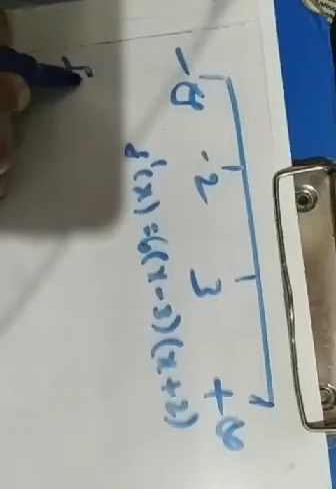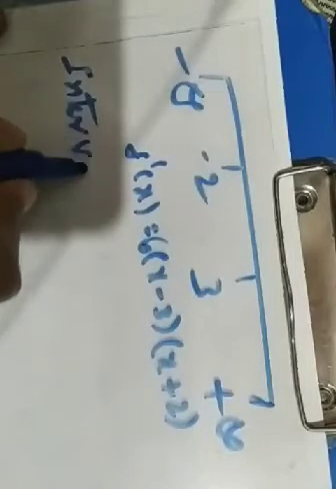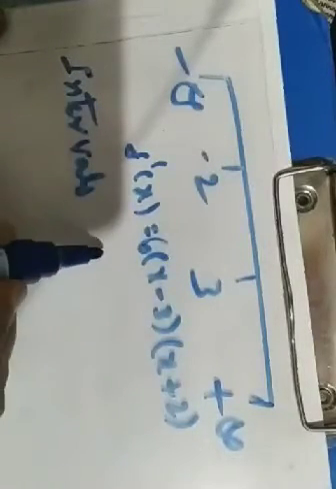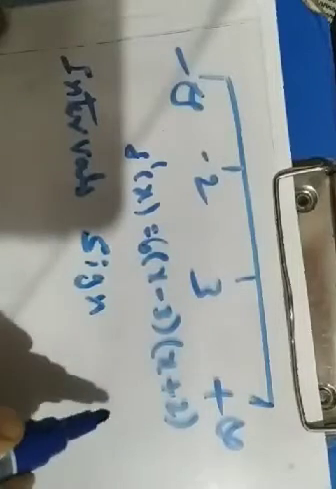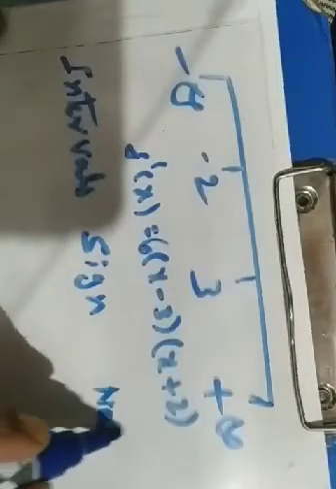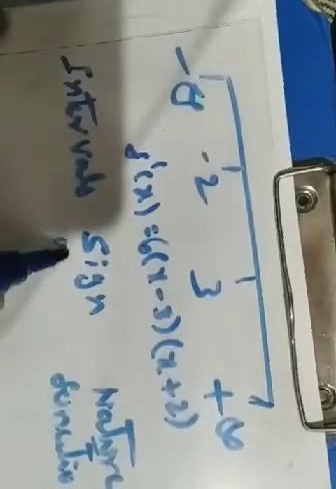So write the intervals, sign of f dash of x and the nature of the function. What are the intervals? Minus infinity comma minus 2.